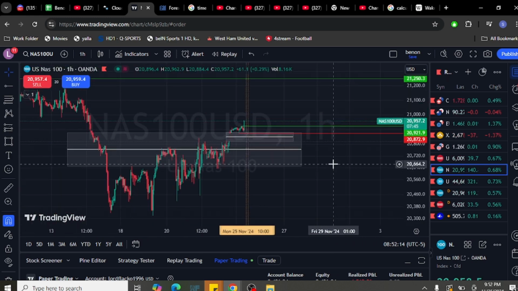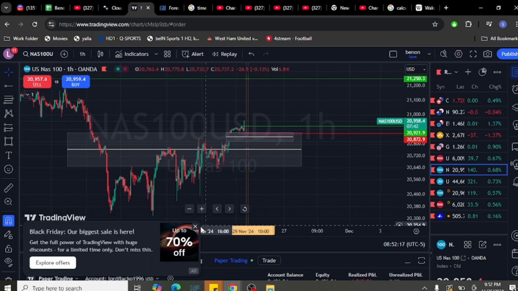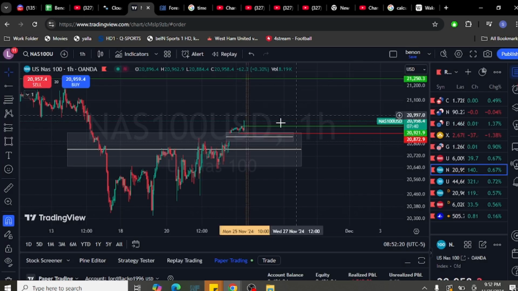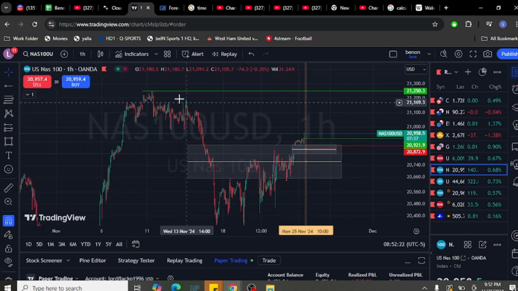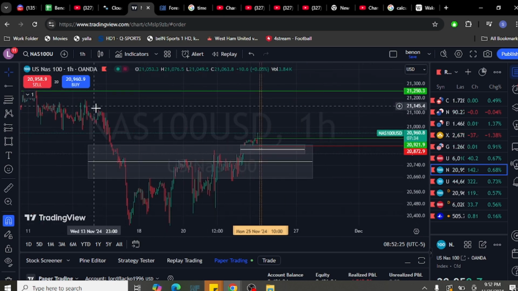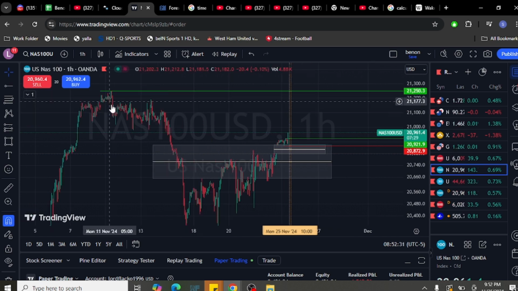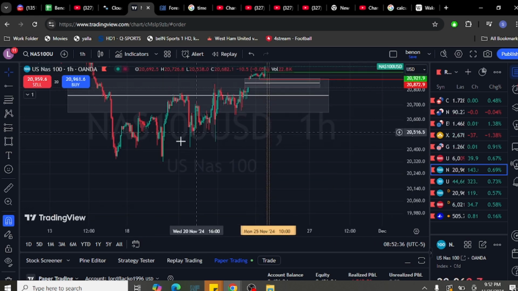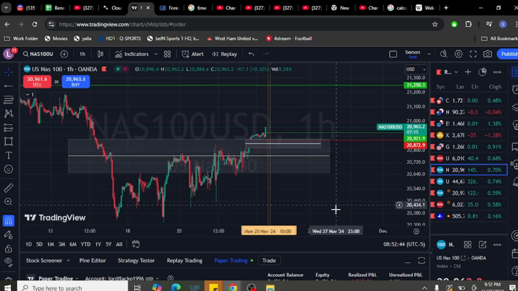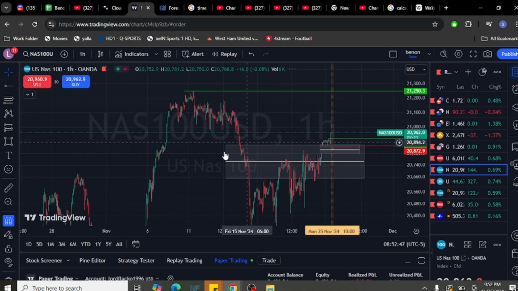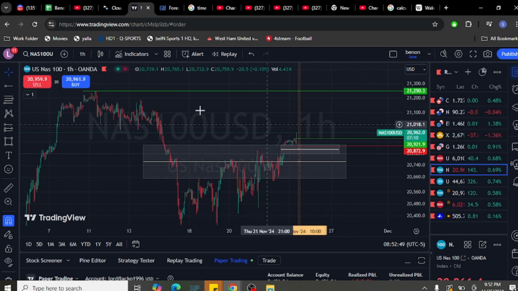If anything, testing this gap would be the only thing that remains, but other than that, we are probably looking to finish our monthly above the previous highs, or the overall highs that we've been looking for since we were here at the start of mid this month. So I'm thinking this week is where we are going to close this month. Taking these obvious highs would be ideal for me.